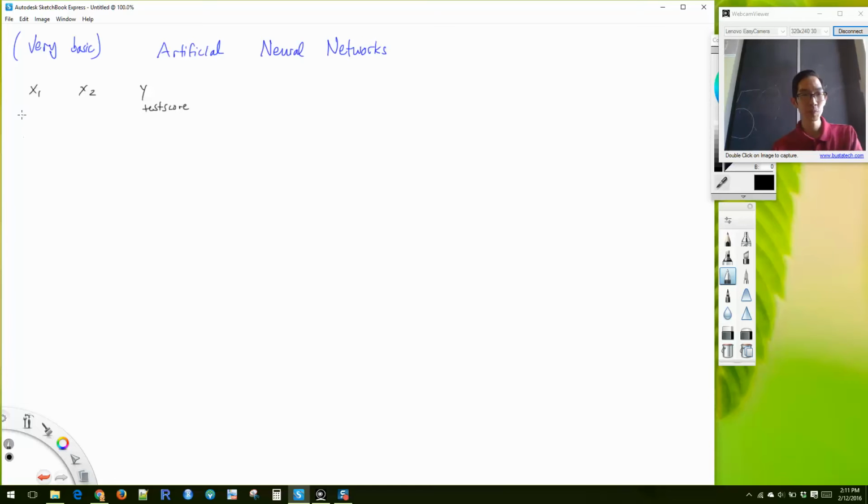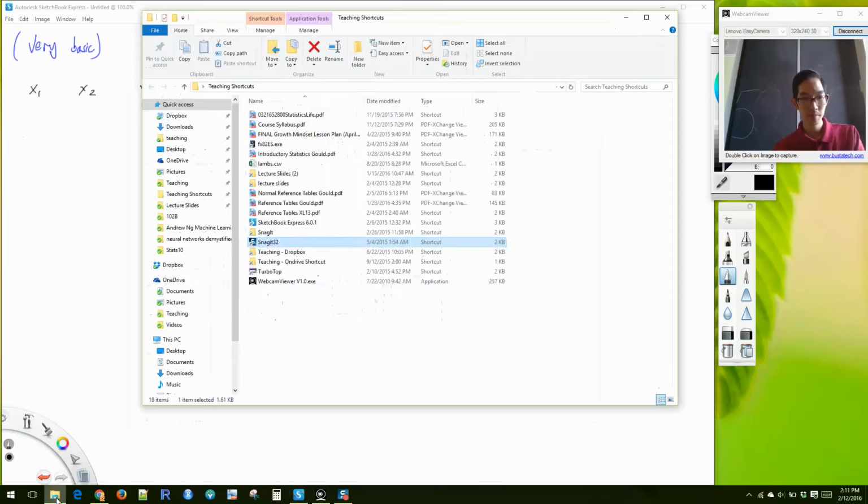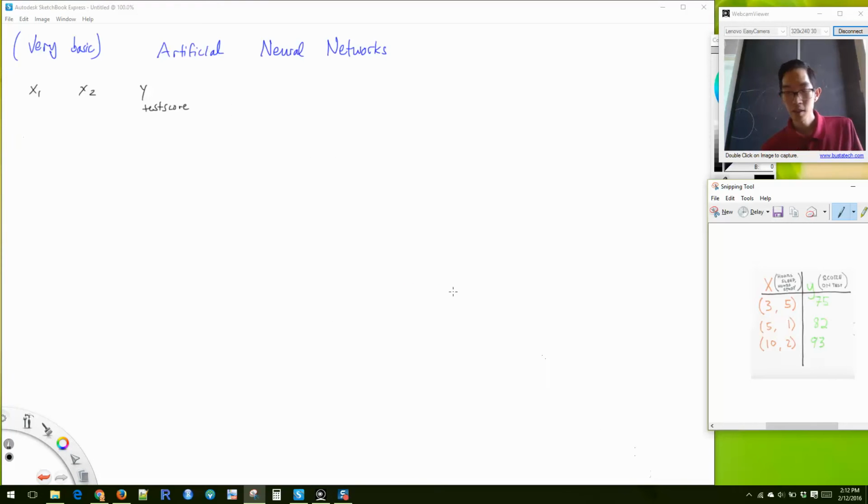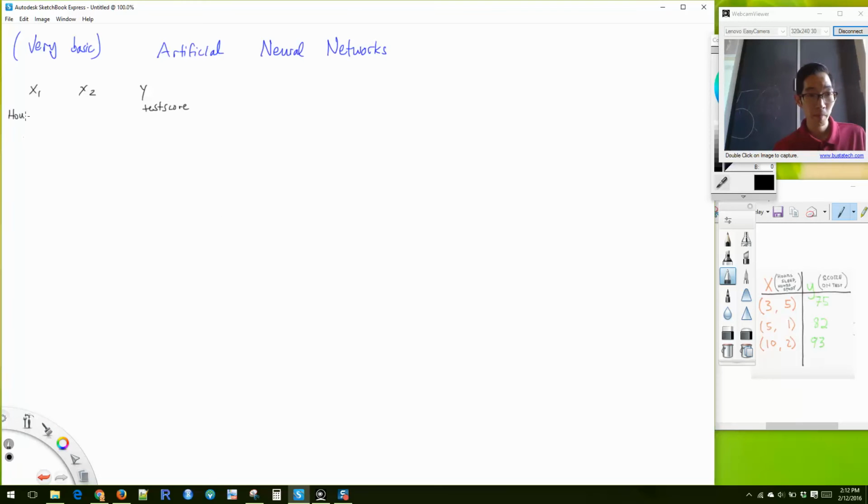And then our input will be, let me pause here for a second. Okay, so we're going to have two inputs, which will be hours of sleep, x1, and then x2 will be hours of study, and then y will be our test score. All right. And then here we just have three observations.